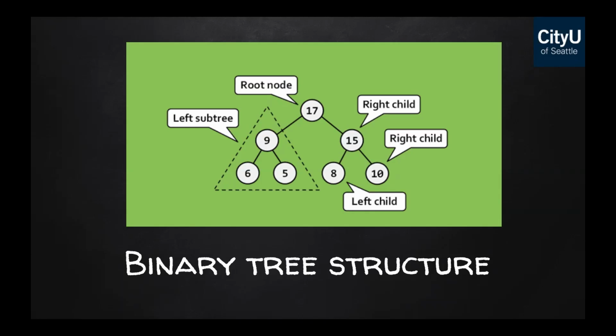And 15 is a parent to 8 and 10. And now we also define them as left or right, right? So 9 is the left child, 15 is the right child. Okay? 6 is the left child, 5 is the right child. 8 is the left child, 10 is the right child. And if you want to subdivide trees, you just call left subtree, right subtree. Okay?